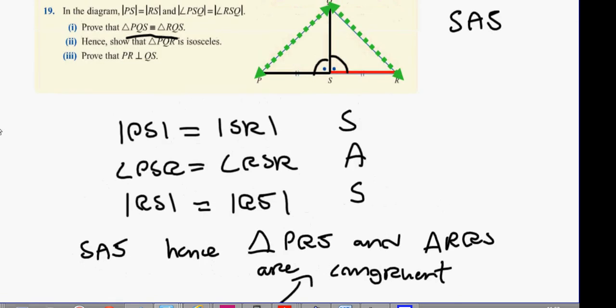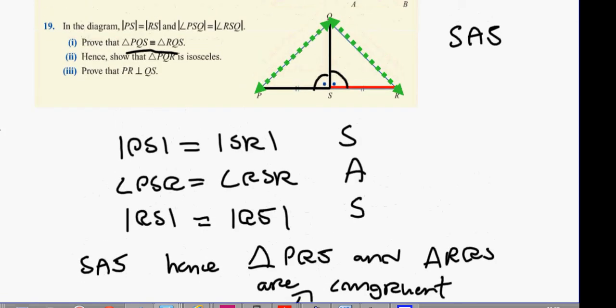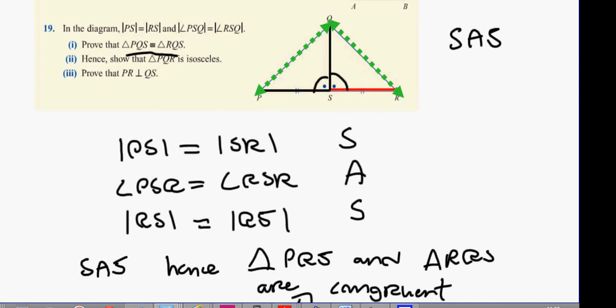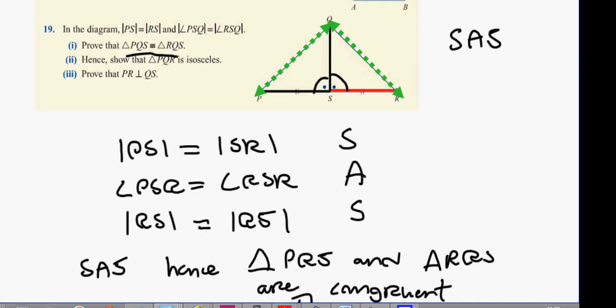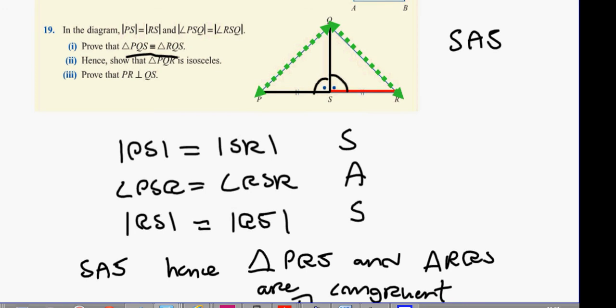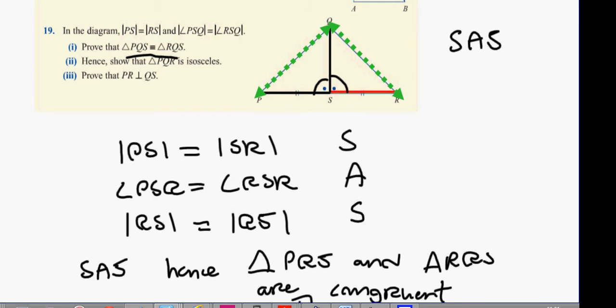Finally, prove that PR is parallel to QS. Okay, PR equals QS. The reason is because this angle of 180 degrees is cut in half.